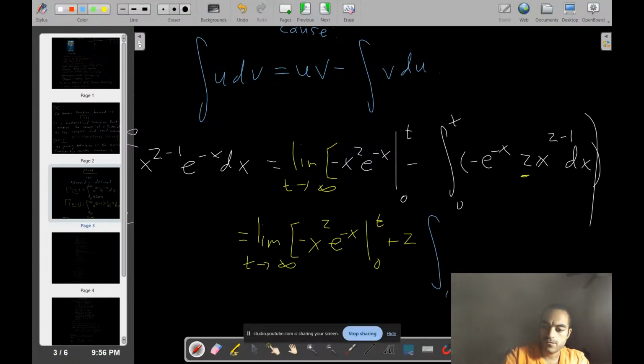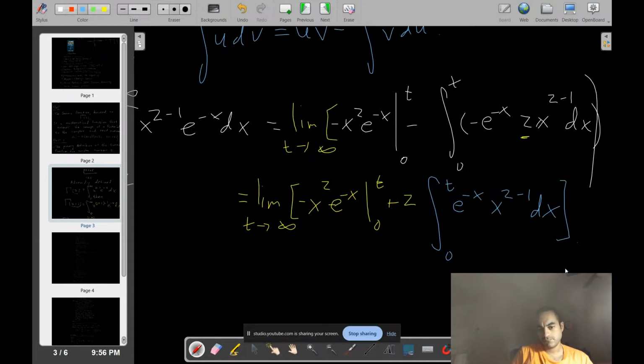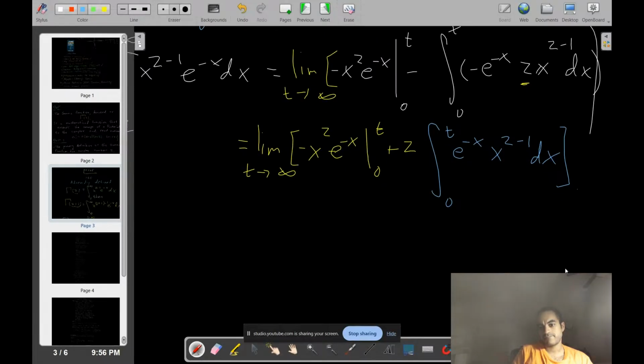This is just the integral from 0 to t of e to the negative x times x to the z minus 1 dx, all in square brackets. So this is what we have right now.